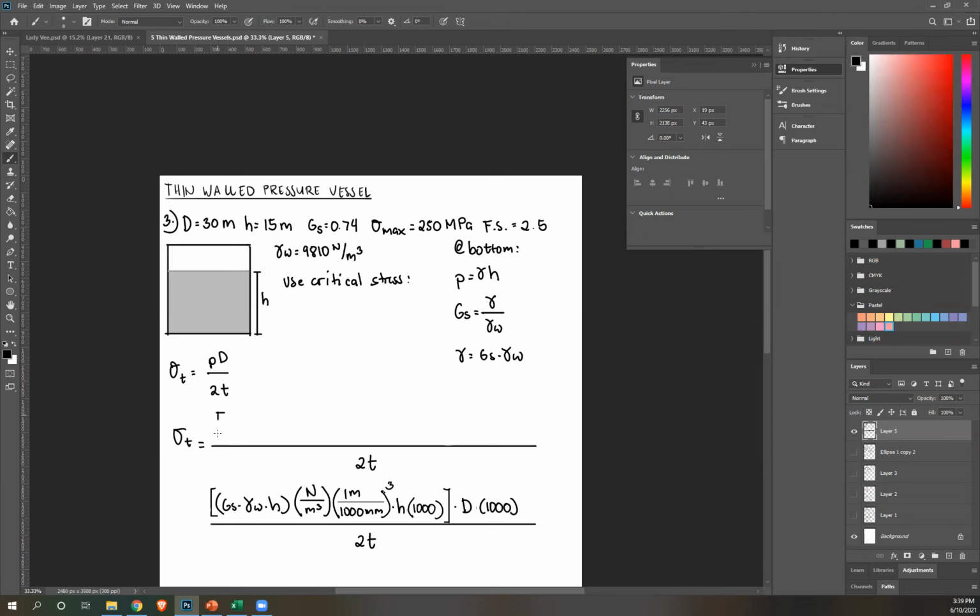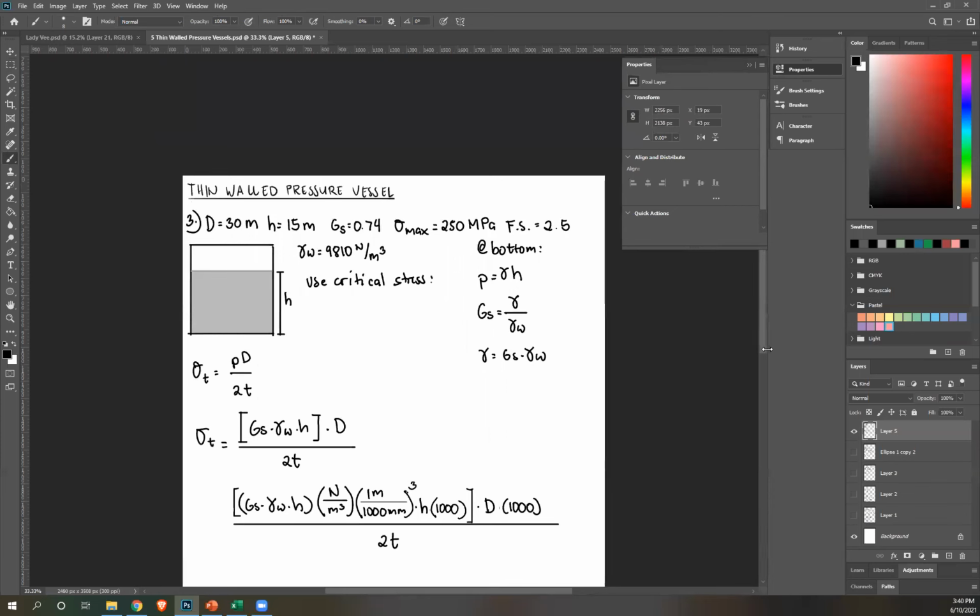Again, P pressure, G is sigma W times H times D. That's your P, this is your D, over 2T. This is 250 equals, GS is 0.74. Sigma W again is 9810.